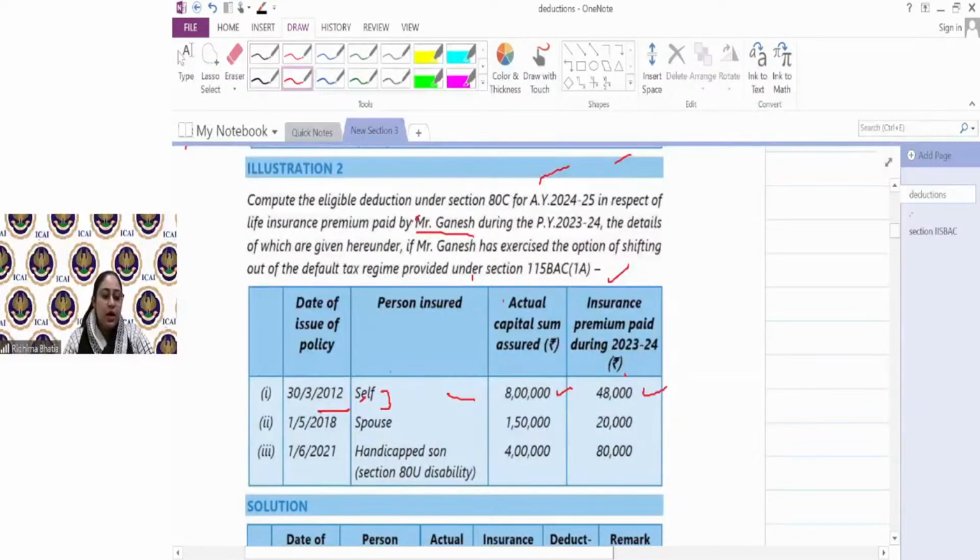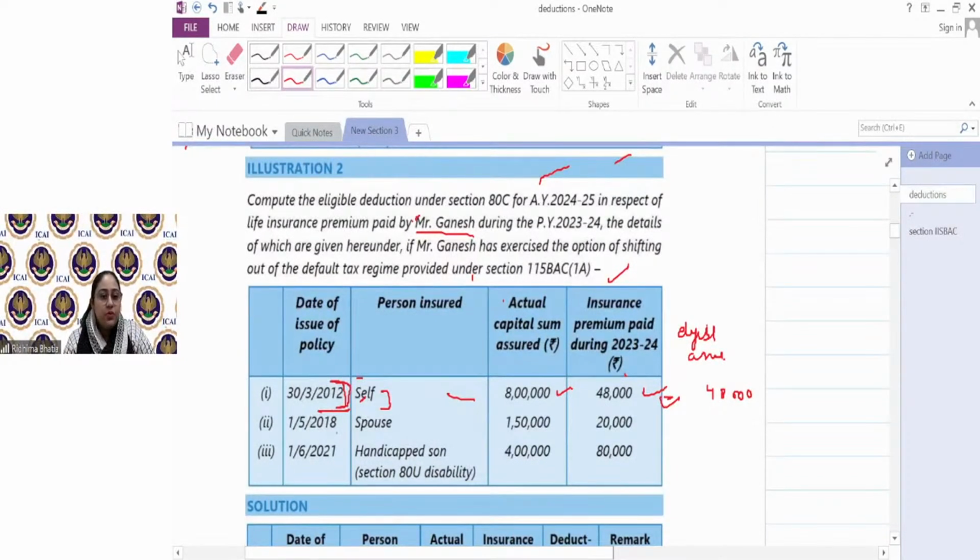So in this case, what would be the limit? 20% of 8 lakhs comes to 1,60,000. So naturally, the premium of 48,000 is completely eligible for claiming deduction under 80C. So I'll write here the eligible amount: the entire 48,000 is eligible. Why? Because it is within the 20% limit. Why am I taking 20%? Because the policy was issued before 1st April 2012.